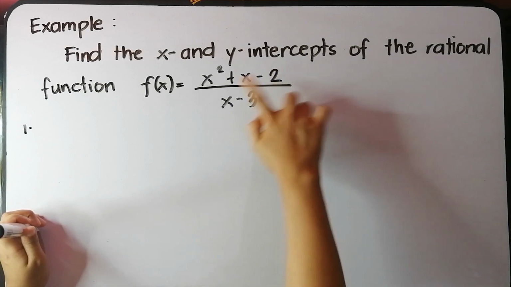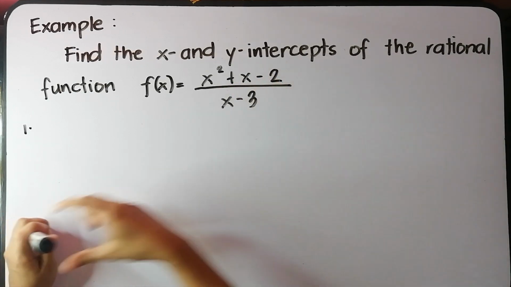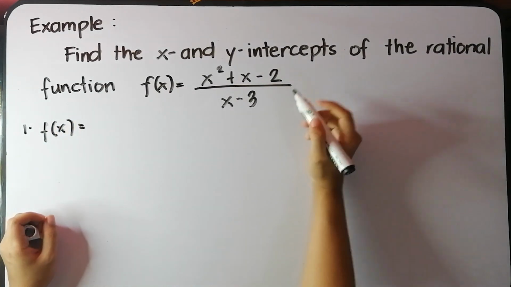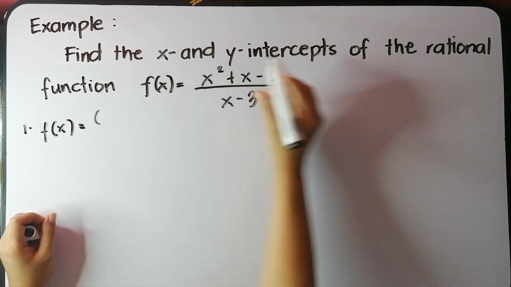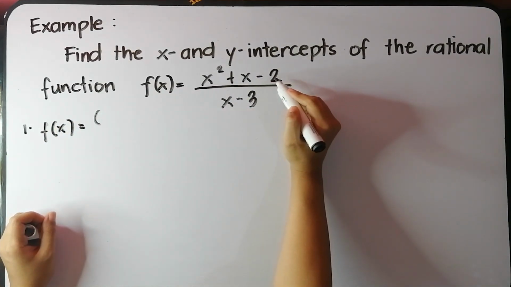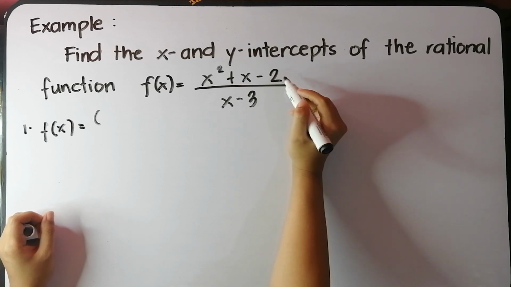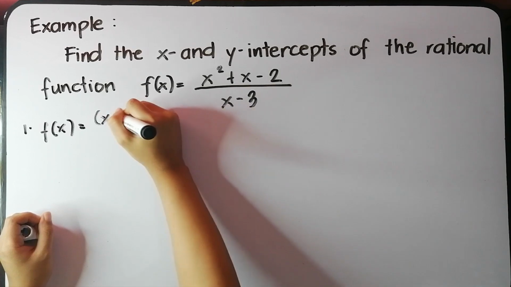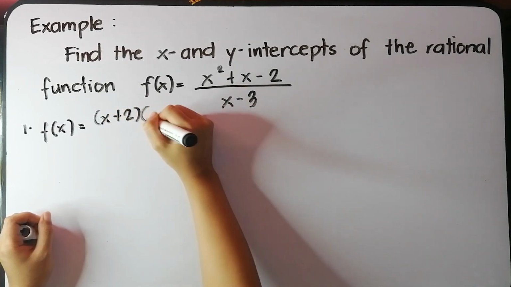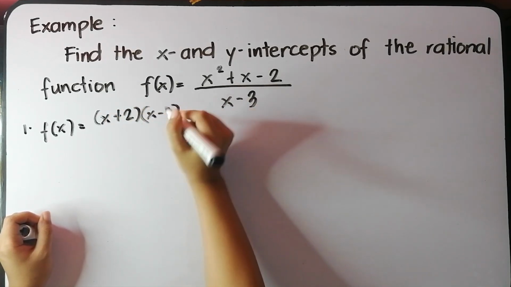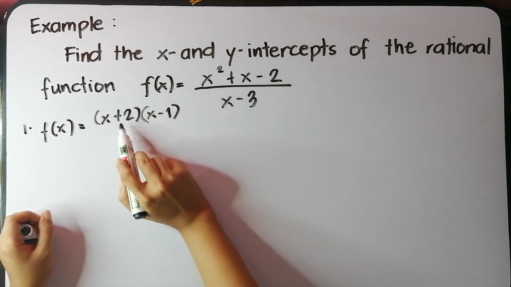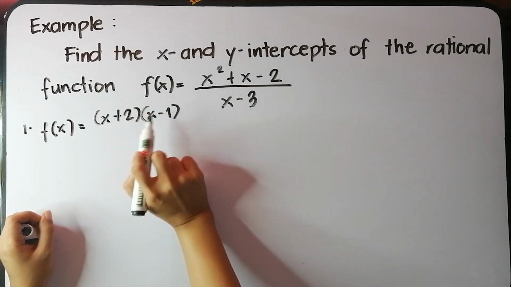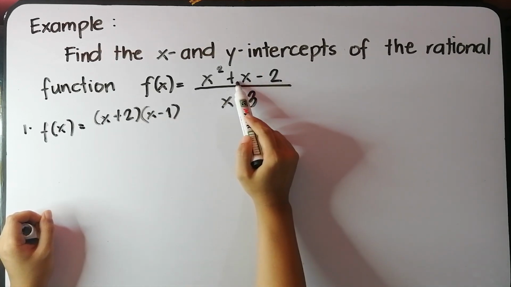This numerator, x squared plus x minus 2, we need to factor. Negative 2 has factors of positive 2 and negative 1, so we can use that. We have (x plus 2)(x minus 1). We can verify that by adding positive 2 and negative 1, which should give positive 1.